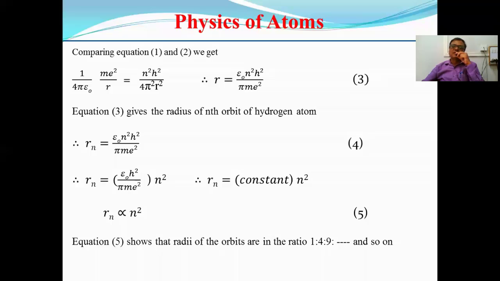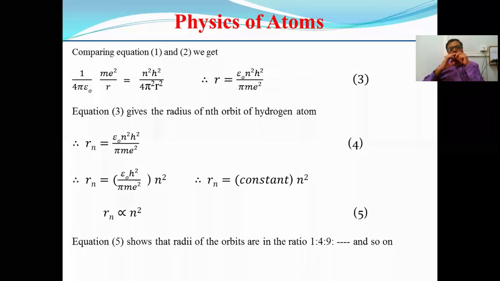Last time we have seen the radius of the hydrogen atom, and the last equation was Rn is directly proportional to n square.